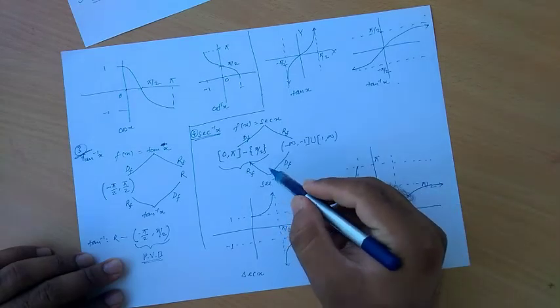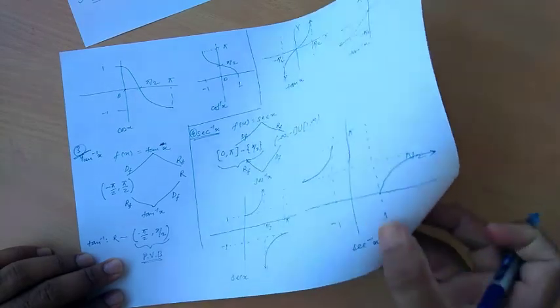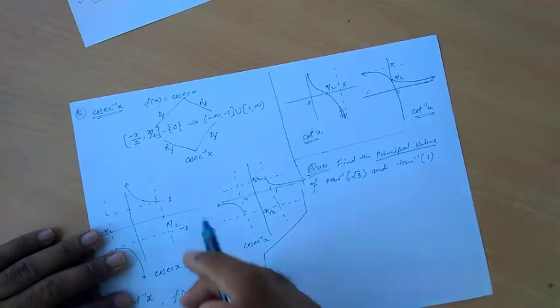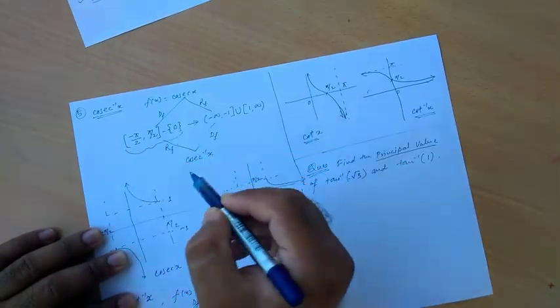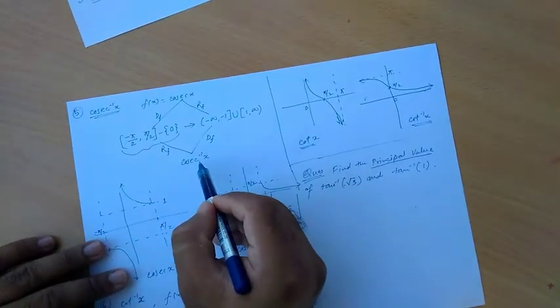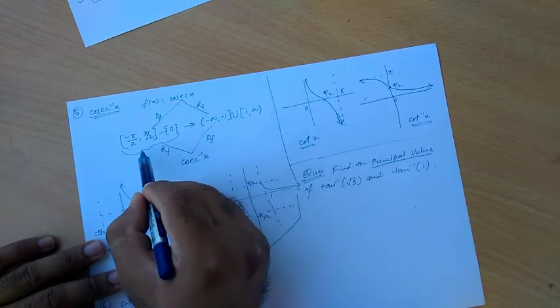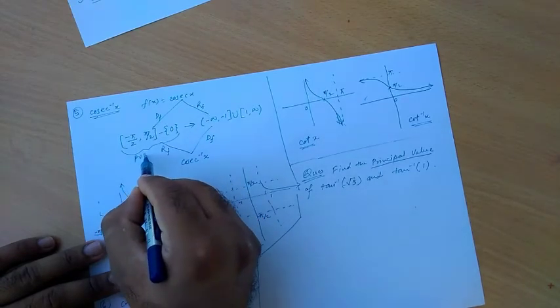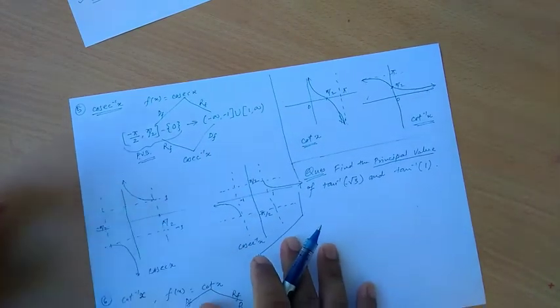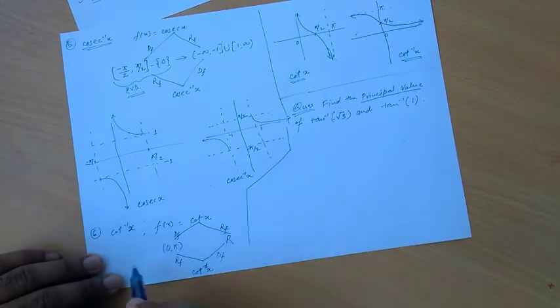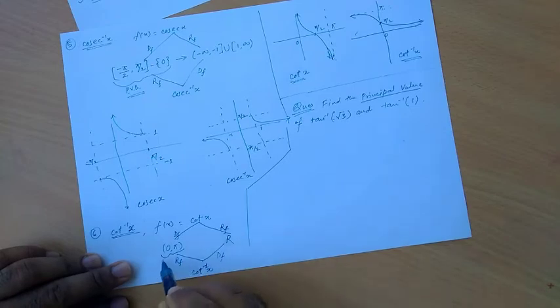For cosec inverse x, this is the range, so this is the principal value branch. And for cot, this is the principal value branch.